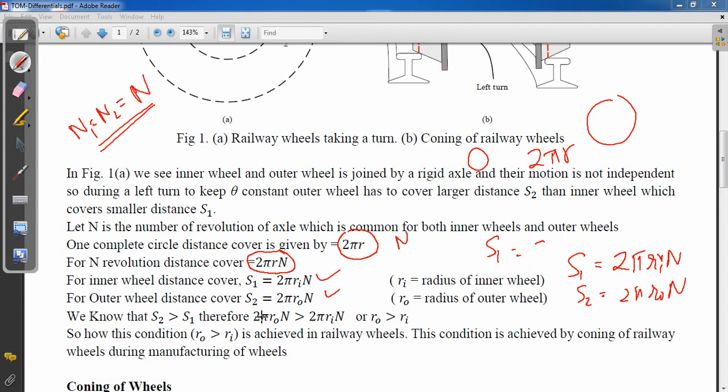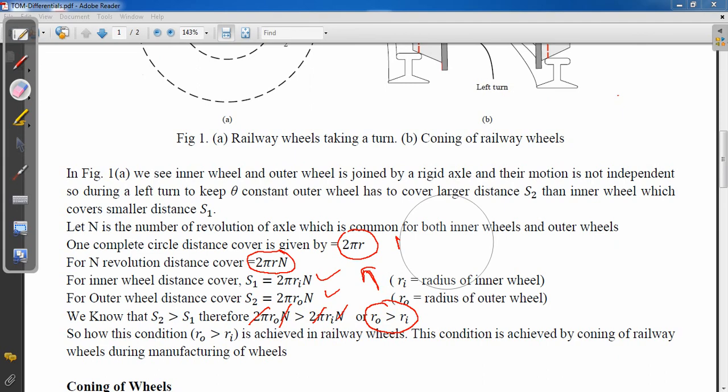We know that S2 is greater than S1. Therefore 2 pi r_o n should be greater than 2 pi r_i n. The 2 pi will cancel and n remains the same in both, so n will cancel. So for achieving this condition while taking a turn, the radius of the outer wheel has to be greater than the radius of the inner wheel. If you satisfy this condition, then only you will be able to take a turn, in this case a left turn.